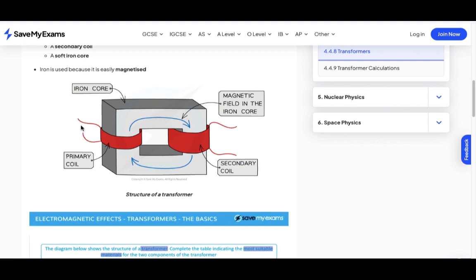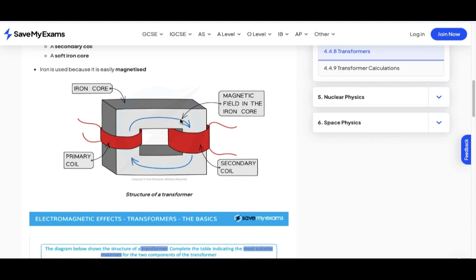When we connect this to an alternating current source, it will produce a changing magnetic field in these coils. That changing magnetic field will be linked to the secondary side. So the EMF induced here is linked to the secondary.